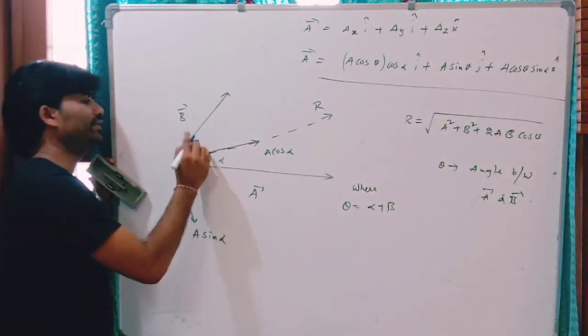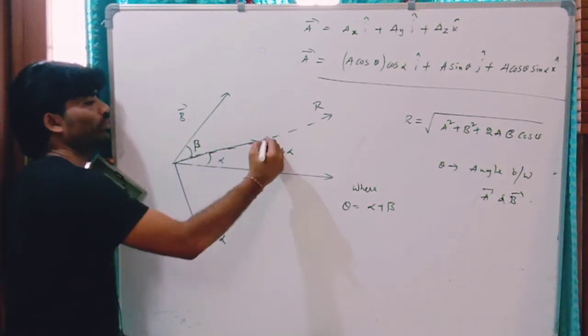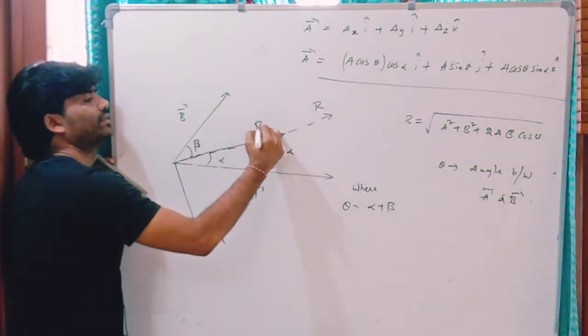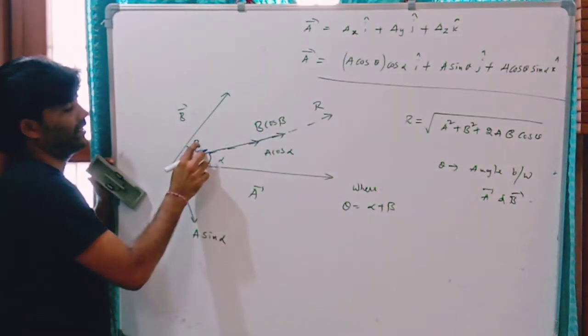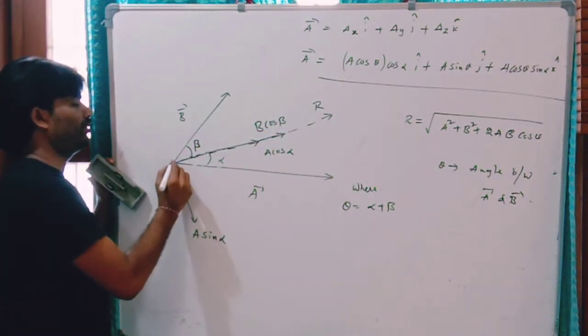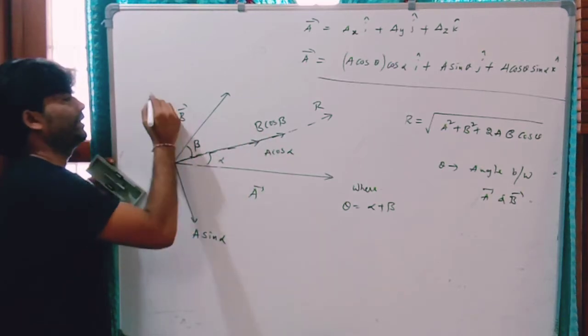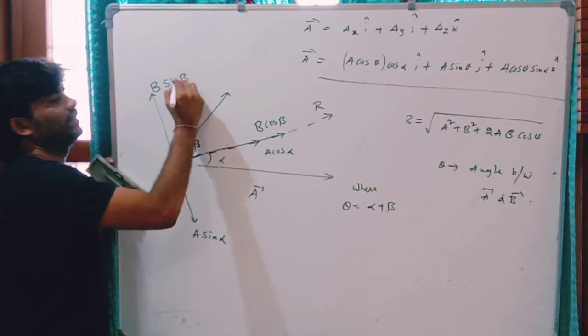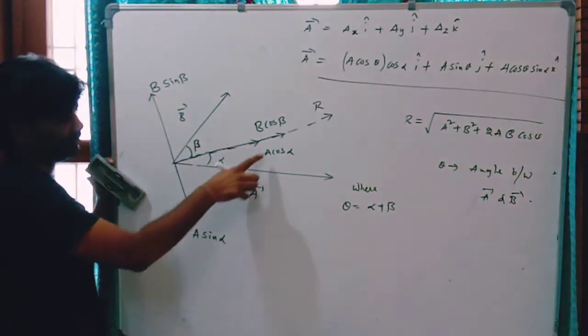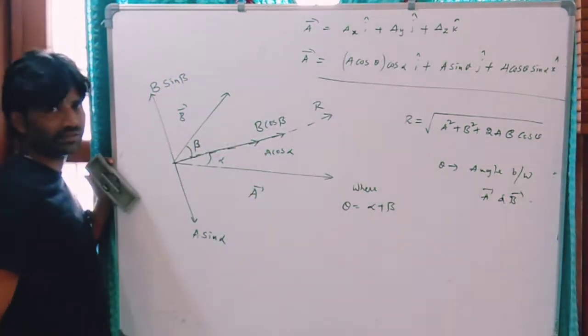Its b vector component in this direction is b cos beta, this angle is beta. Now its component perpendicular to this is b sin beta. These are the two components of b vector, and these are the two components of a vector.